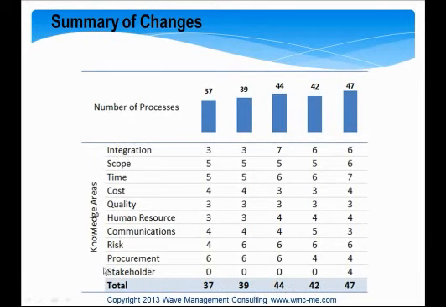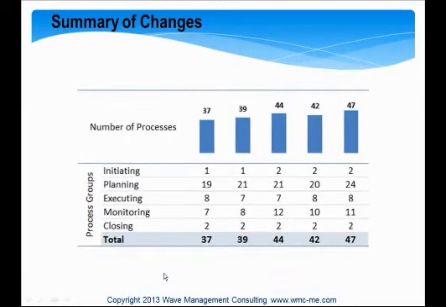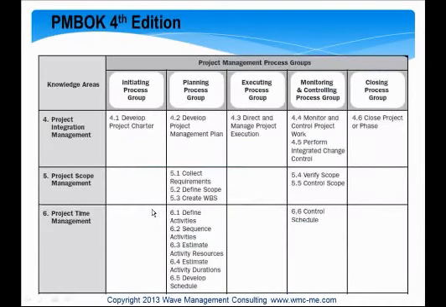And I must highlight that they have introduced a whole new knowledge area called Stakeholder Management. This chart summarizes the number of processes for each of the project management process groups.